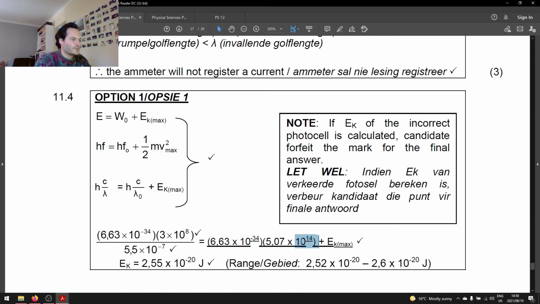I basically subtract this term here, the h times the threshold frequency, from both sides, and I get Ek max equals 2,55 times 10 to the power of minus 20 joules. So very small energy, but that's going to be the maximum kinetic energy that an ejected electron is going to have for that frequency or wavelength of ultraviolet light.